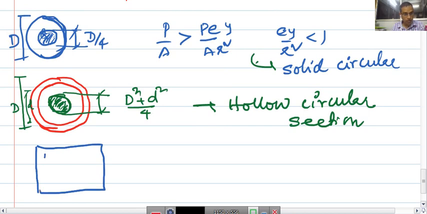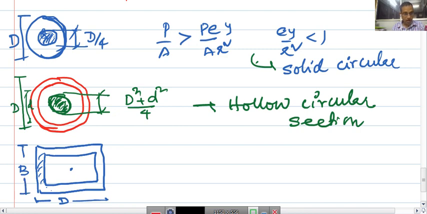In fact, nowadays we are also using hollow rectangle sections. So you may also work out with this using the same concept. Assuming this is your depth D and this is your width B, and the thickness is, let us say, T, and we have the kern. This is your x axis, this is your y axis. Again it will be a rhombus, but exactly how much distance, that you have to work out.